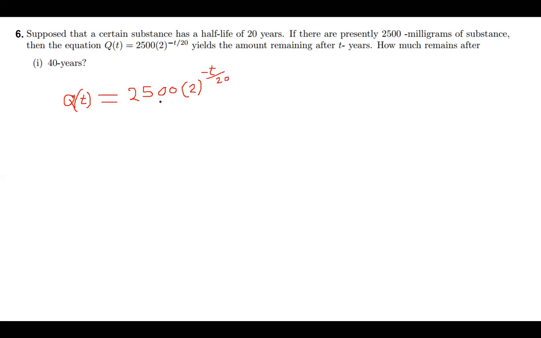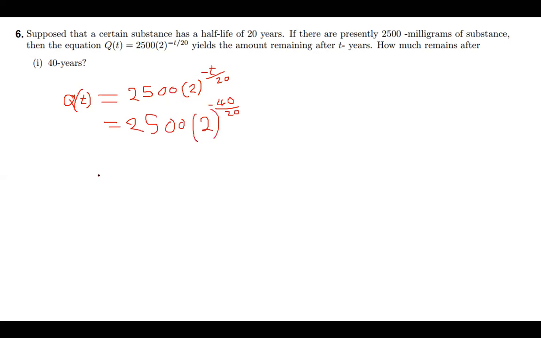So this is what we have. They're telling us where there's t, we put 40. We just replace where there's t with 40. So we have 2,500, and then 2 raised to negative 40 divided by 20.